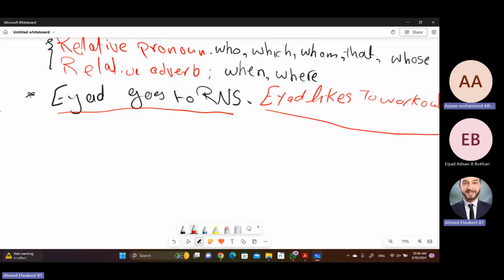Correct. Now, can I combine both of them in a type of sentence that you studied before called the complex sentence? Yes, actually pretty easy. Teacher, isn't it compound complex? I'm gonna explain it to you later, but just let's combine the sentence and then I'll explain it. What's located in both sentences? Iyad.